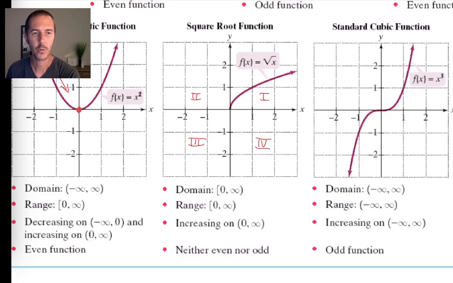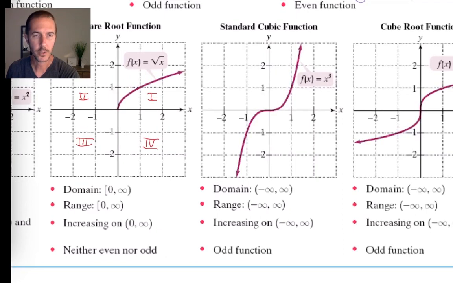The square root of 0 is 0, so that's the beginning of our range, and then our y values increase from there. So our function is increasing on its entire domain. It doesn't have symmetry about the y-axis nor the origin, so this function is considered neither even nor odd.